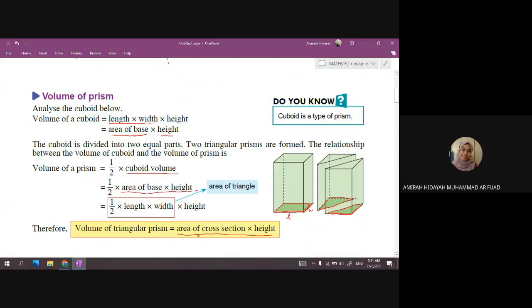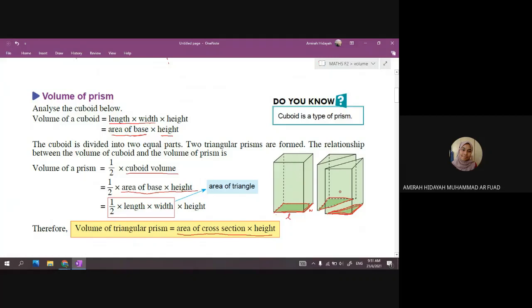Okay, so therefore volume of a triangle prism is equal to area of cross section times height. Okay, area of triangle ni tadi yang 1/2 times length times width ni sebenarnya adalah cross section kan, cross section of this prism.